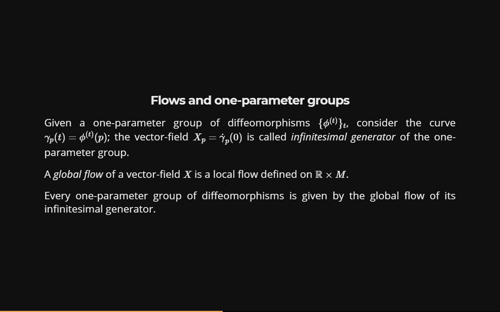The lifespan of your solution is the whole R. So if every solution of your ODE system is eternal, that's the usual name, then your vector field is the infinitesimal generator of a one-parameter group of diffeomorphisms.